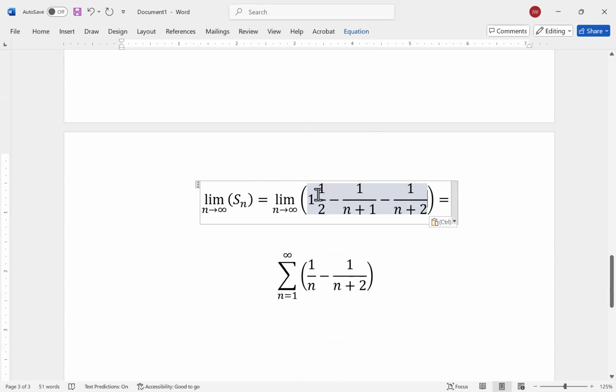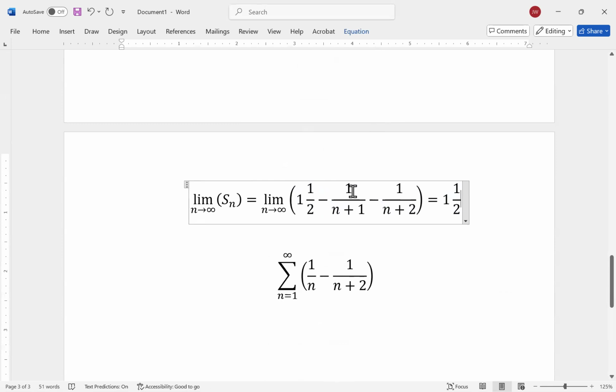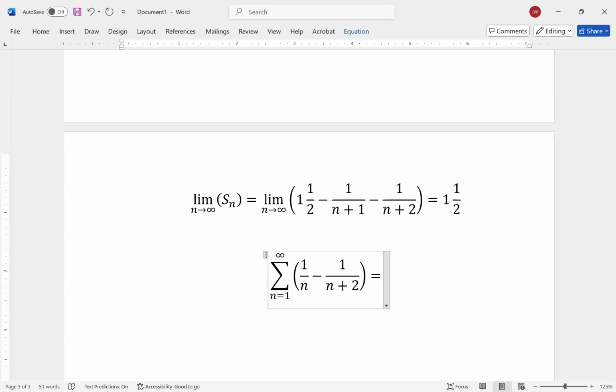The limit of a constant number is just that constant number. The limit as n goes to infinity of 1 over n plus 1, as the denominator grows, this fraction goes to 0. As this denominator grows, this fraction also goes to 0. So I get basically 1.5 minus 0 minus 0 as n goes to infinity. So this telescoping series converges to 1.5.